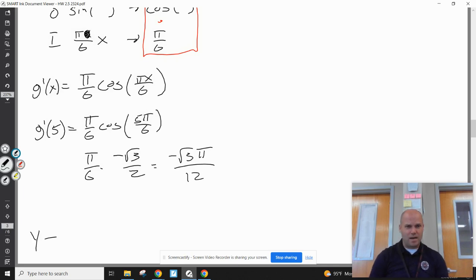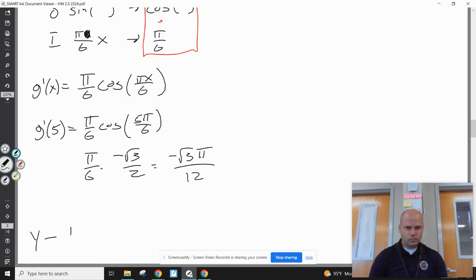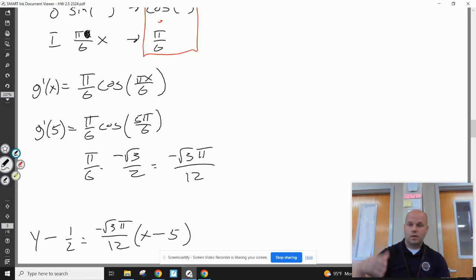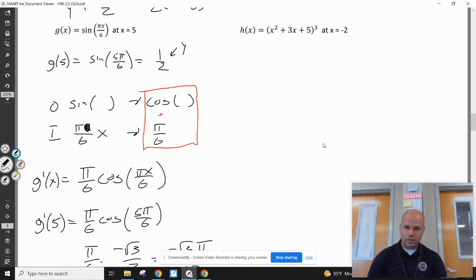So I got y minus a half equals negative root 3 pi over 12, x minus 5. That's it. I could graph this and see the beautiful work that I've just done. Last one of this page, then we get harder.